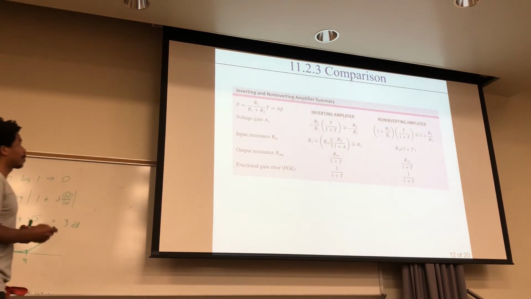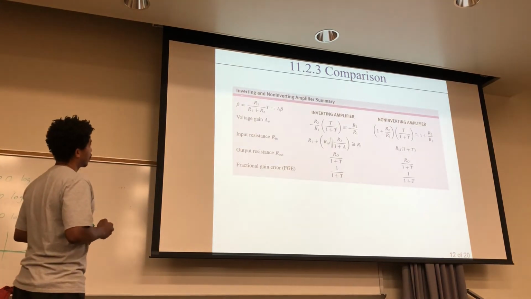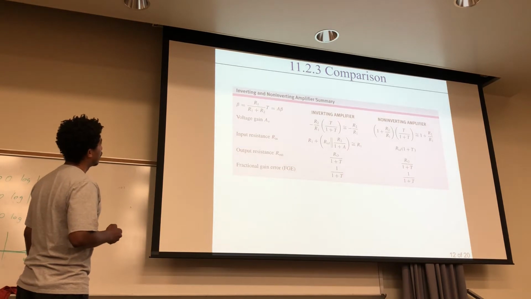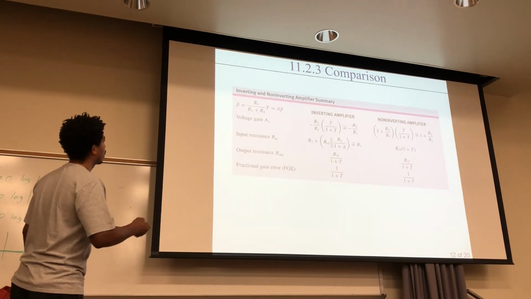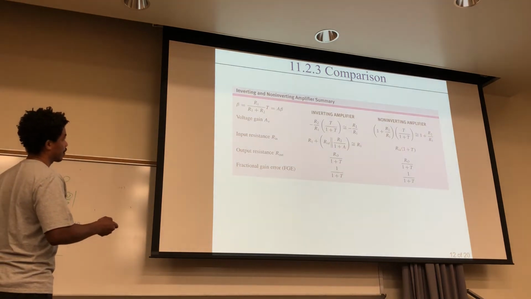Okay, so here's a summary of the things we just looked at and the things we started off with last lecture. This is for the inverting and non-inverting amplifiers. This column is for the inverting, here's for the non-inverting. As you can see, for the input resistances, we just figured out this part.